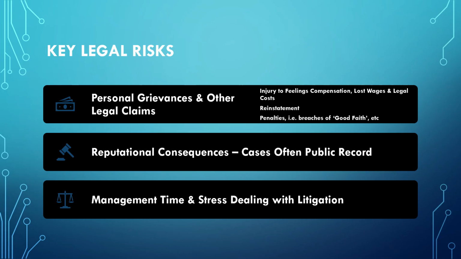Other practical risks include reputational consequences, because often cases are a matter of public record and they get reported on by the various news media outlets. And then practically you've got management time and the stress of dealing with litigation, which sometimes can be very immense and underestimated by employers. So these are all considerations to have regard to before terminating an employee's employment in any circumstances, particularly 90-day trial periods or probationary period contexts.